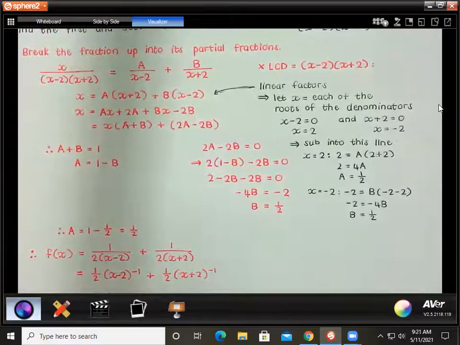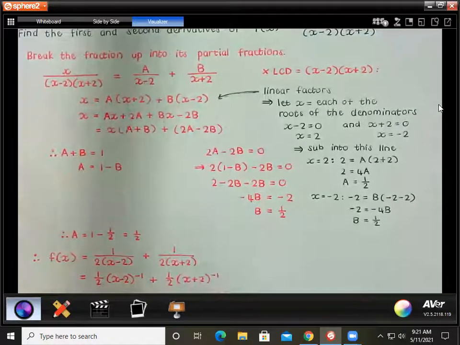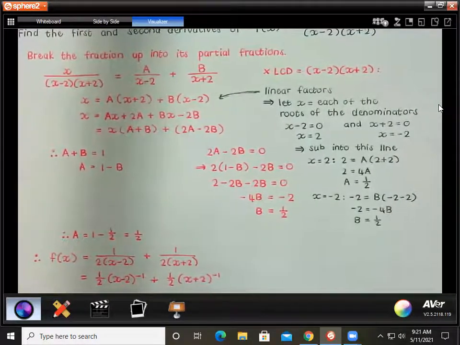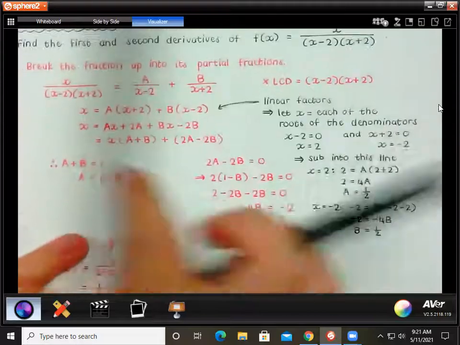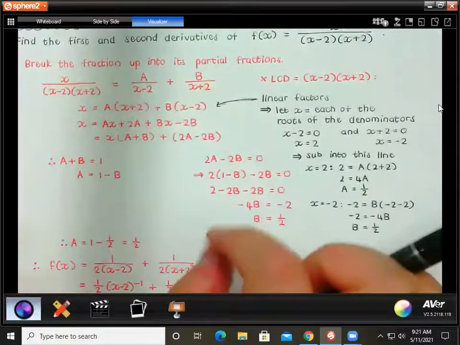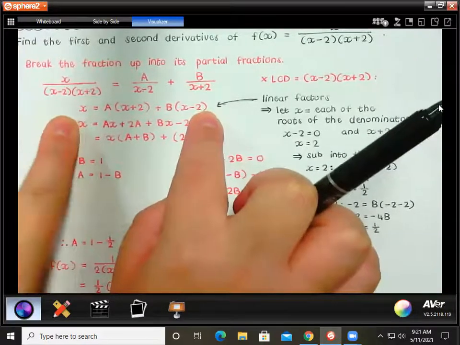Okay, sorry, I'm going to repeat that. If you are working with partial fractions and you have only linear factors, so this won't work if you have an x squared or an x cubed or a bracket squared or a bracket cubed, whatever. It's literally just linear factors. Then you still need to split it up into the separate fractions, and you still need to multiply through by the LCD to get this line.